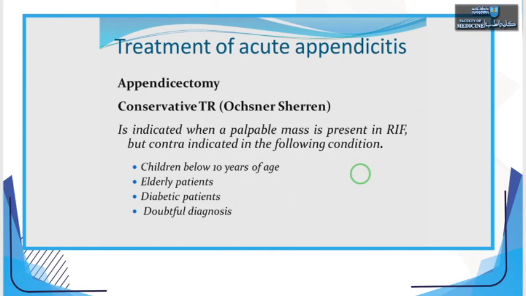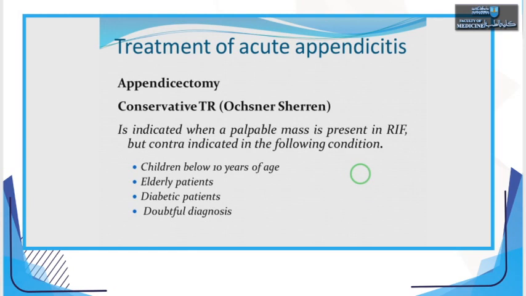Children below 10 years, because of the possibility of free perforation with free peritonitis. In elderly patients, because they cannot tolerate long treatment. There is usually a comorbidity of diabetes, hypertension, diverticular disease, chest problems, and so on.